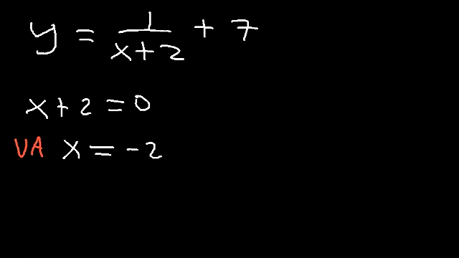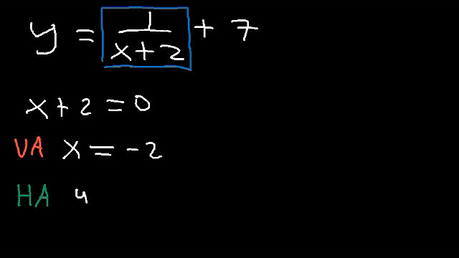Now what about the horizontal asymptote? The horizontal asymptote for this portion of the function is y is equal to 0, because we still have a rational function where it's bottom heavy. The degree of the denominator is higher than that of the numerator. But notice that we also have a plus 7 on the outside. So the horizontal asymptote is going to be 0 plus 7.